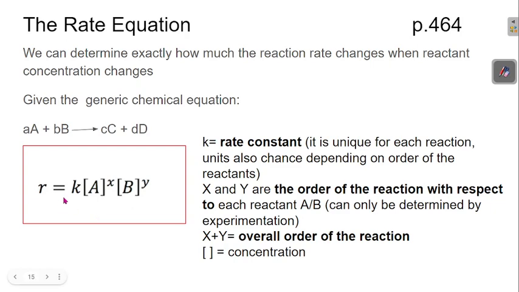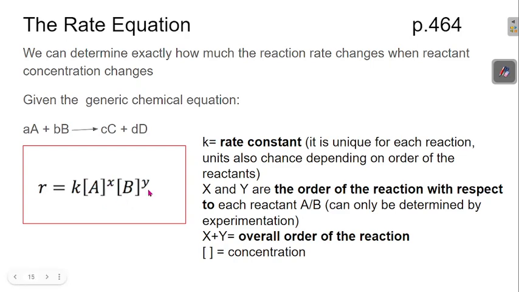The rate equals k, which is a constant and is unique for each reaction. The units of k change depending on the order of the reactants, and you'll see what the order of the reactants means. Brackets mean concentration, so we have the concentration of reactant A, the concentration of reactant B.